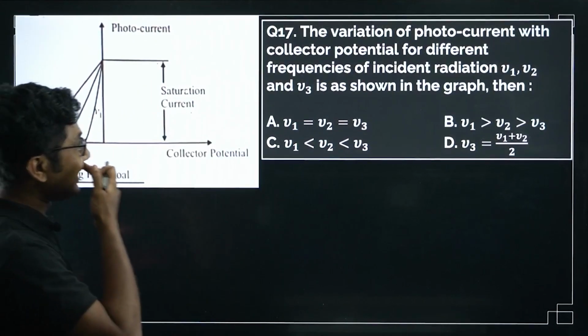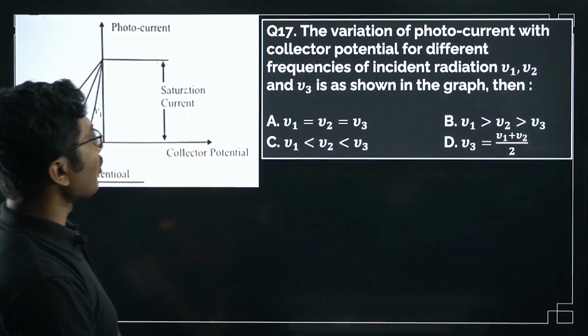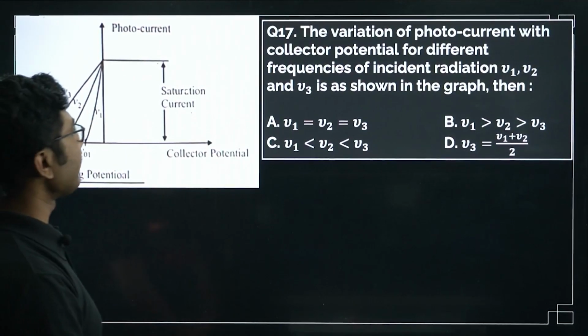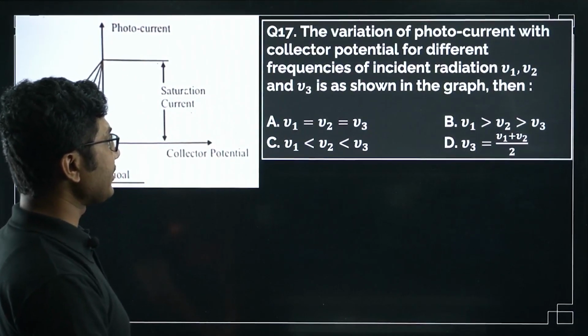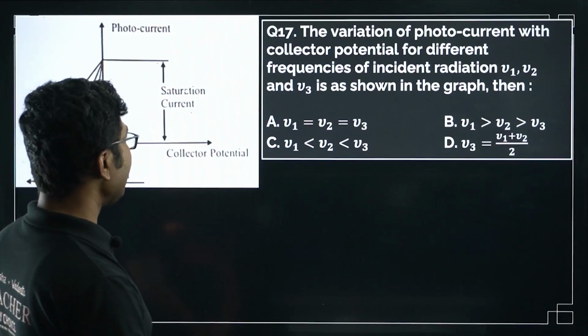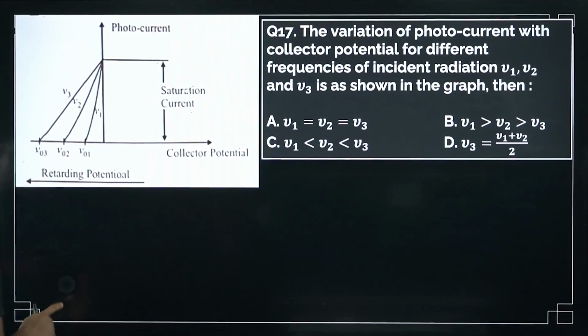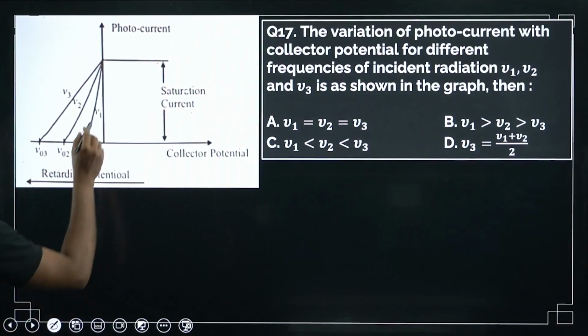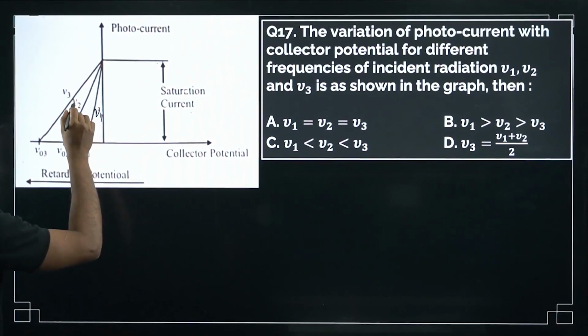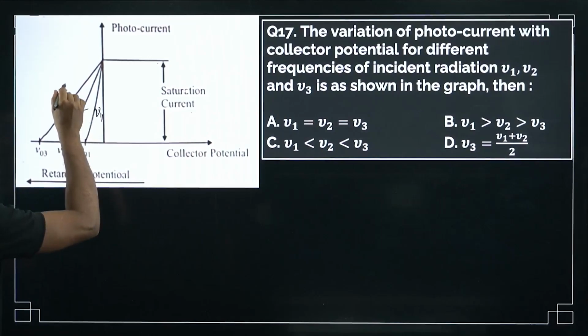Now question number 17. The variation of photocurrent with collector plate potential for different frequencies of incident radiation nu1, nu2 and nu3 is as shown in the graph. Now here it is exactly the opposite of the previous question. So frequencies are different, nu1, nu2 and nu3.